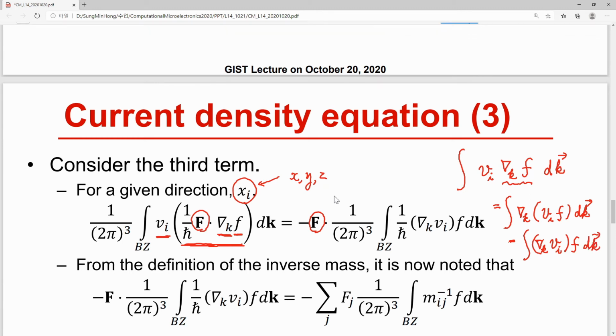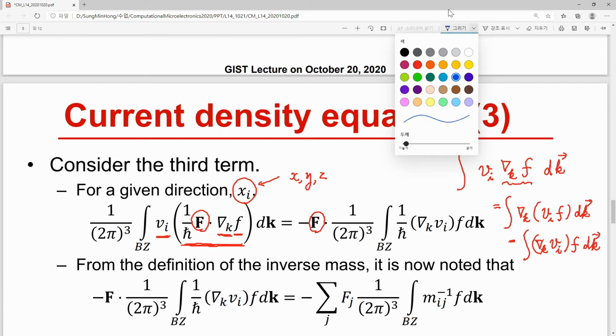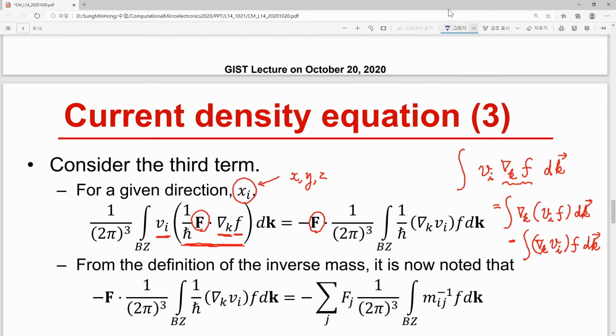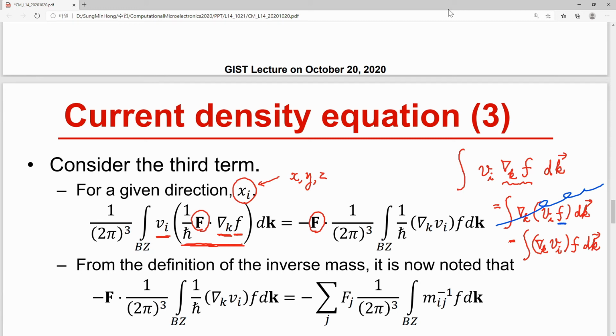That is just integration by parts, and by applying the same argument, we can easily assert that this term goes away. Okay, because when you go to the boundary of our momentum space, this f will vanish eventually. So now they are gone.